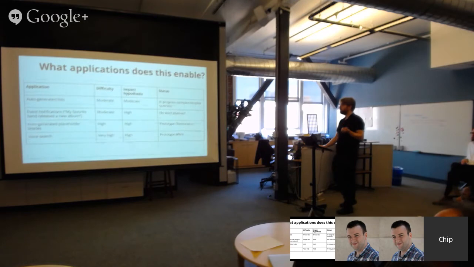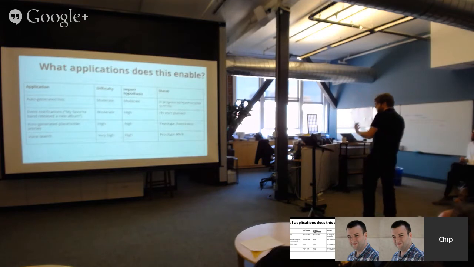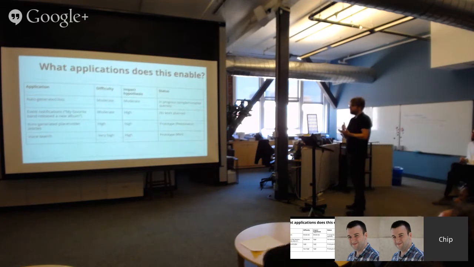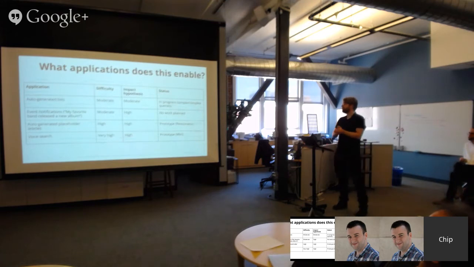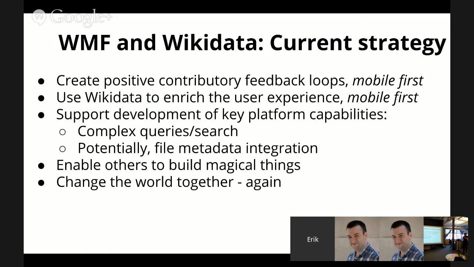And so these are some of the applications that we've started to think about, and these are some very early hypotheses around the kind of impact that these applications could have in our projects. We're going to show a couple of them today, the stuff that we actually are doing. So what's our strategy right now? Generally, we're thinking about Wikidata at WMF in a mobile-first way.